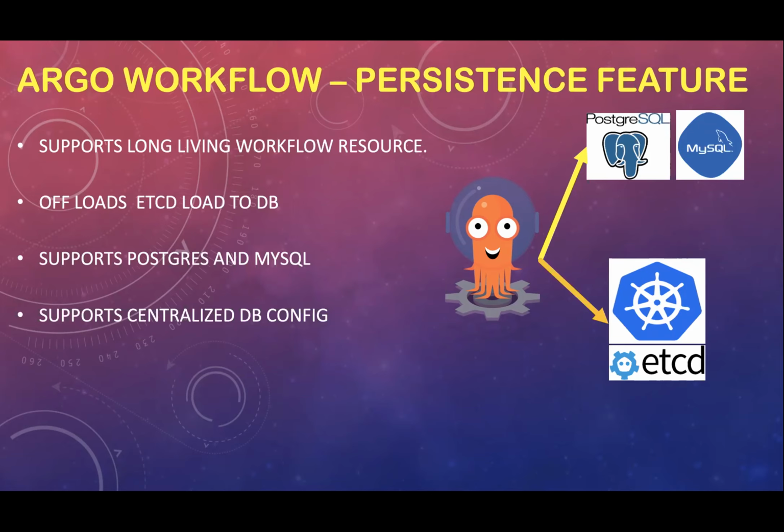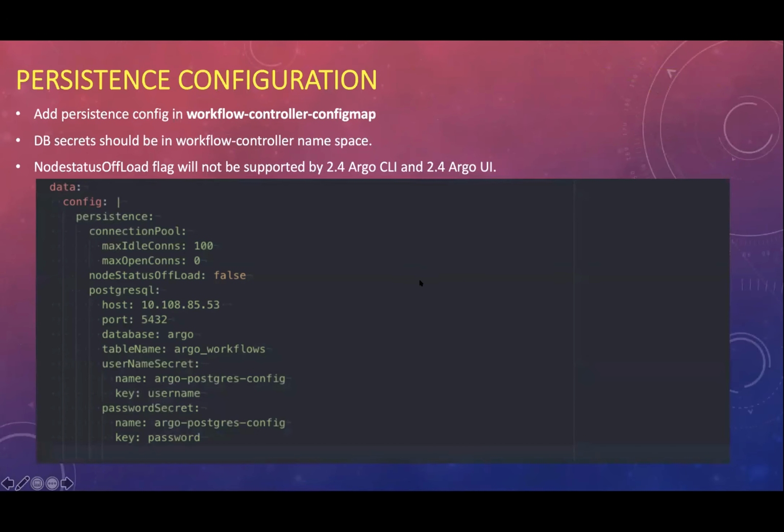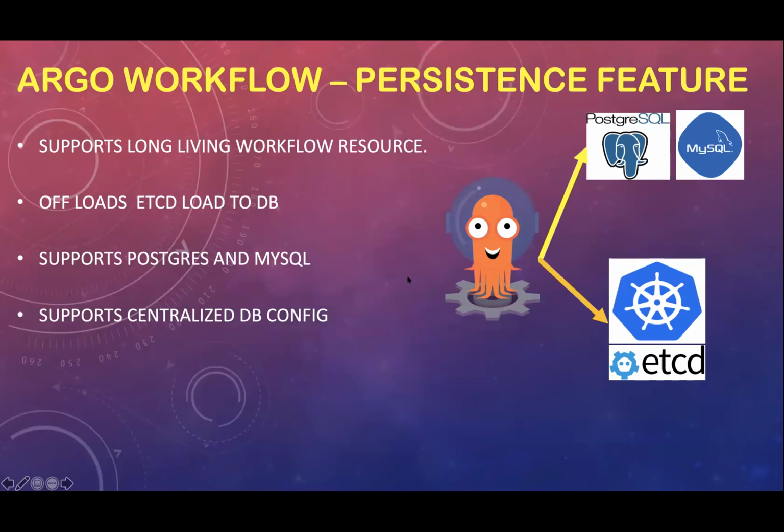So people requested that they want to see workflows for a longer, configured time, so we started looking into persistence options. We came up with support for Postgres and MySQL, and the library will support MongoDB also.